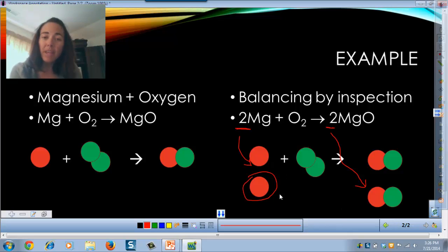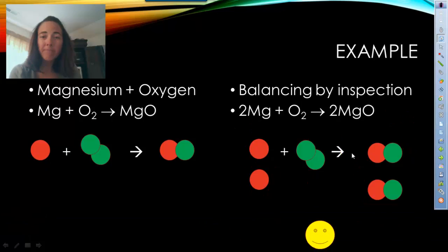So now when you look at it, I have 2 magnesium atoms on the left and 2 magnesiums on the right. That's balanced. And with the oxygens, I have 2 green oxygen atoms on the left, and I have 2 green oxygen atoms on the right. So by putting these coefficients in front of those formulas, I now have a good balanced equation.